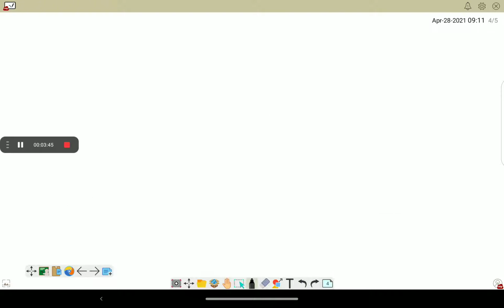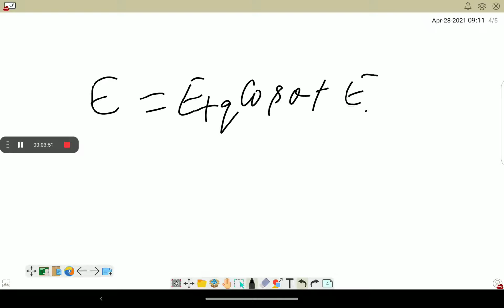So the resultant will be E plus q cos theta plus E minus q cos theta.